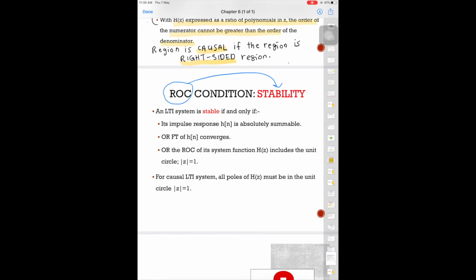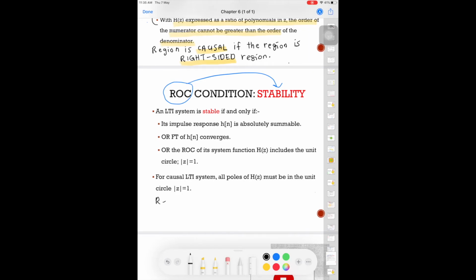Okay, next, ROC condition, stability. An LTI system is stable if and only if its impulse response Hn is absolutely summable, or the Fourier transform of Hn converges, or the ROC of the system function includes the unit circle. For a causal LTI system, all poles of Hz must be inside the unit circle.